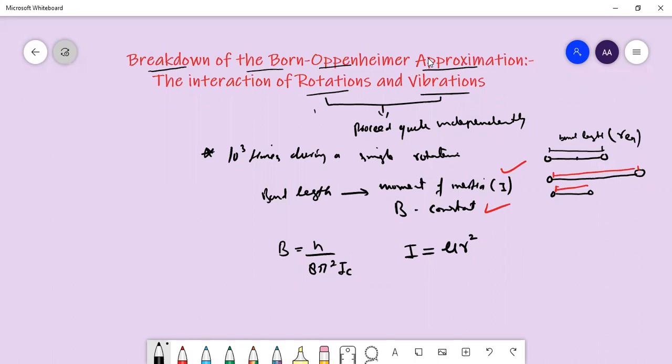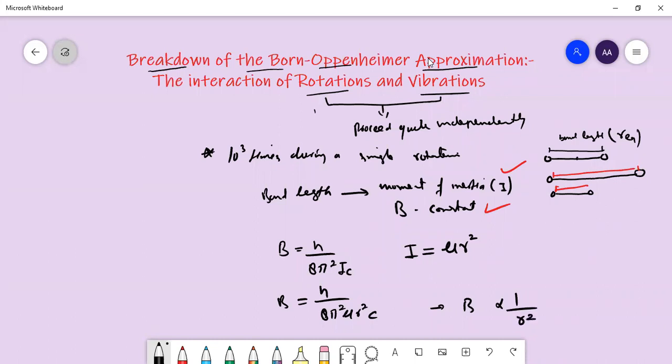Therefore, by taking the value of I, I can write this equation as B equals h upon 8 pi squared, and in place of I, I can write mu r squared, times c. So what I am getting from this equation is that B is inversely proportional to r squared.